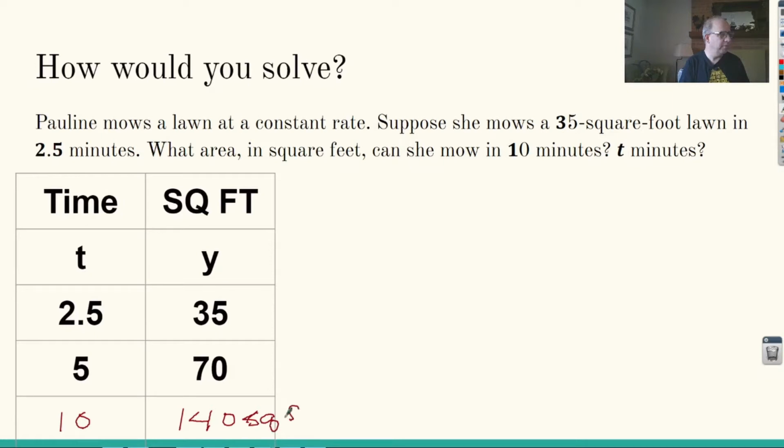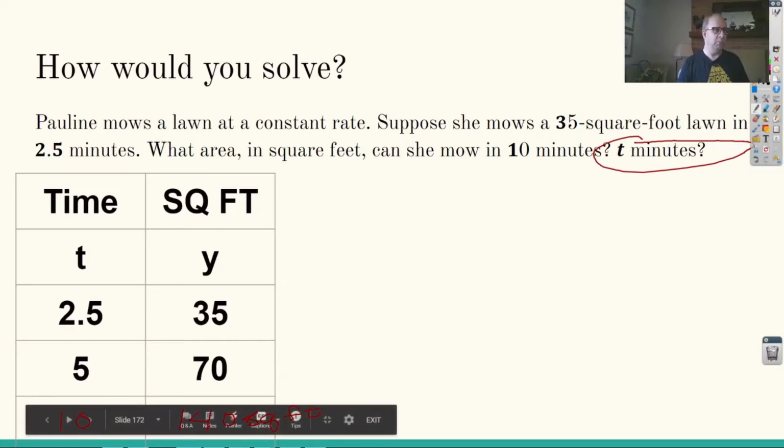That's great for this, but what about t? So in any time, if I say I mowed for 4 hours, how much grass did I cover? Because I'm only working 4 hours today and my grass is so big, I want to know if I can cut the whole grass in that many hours.